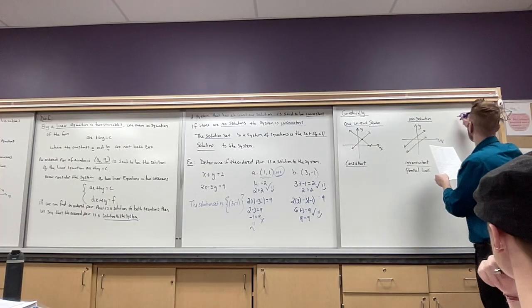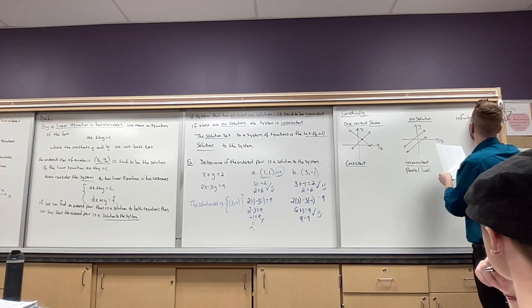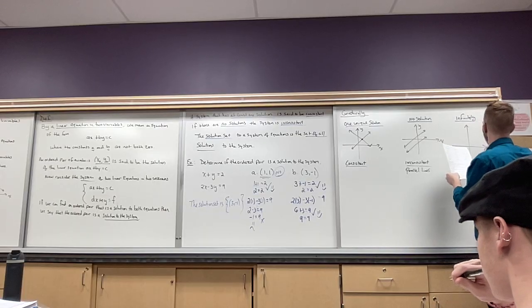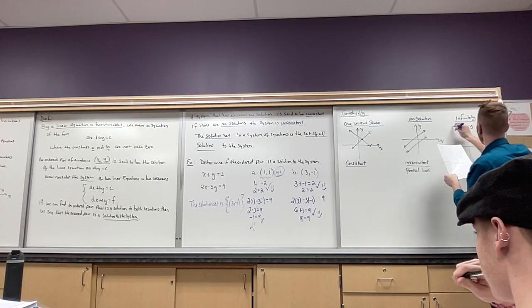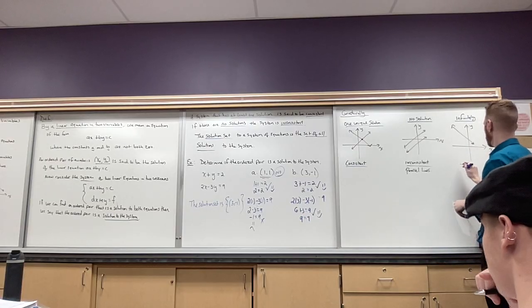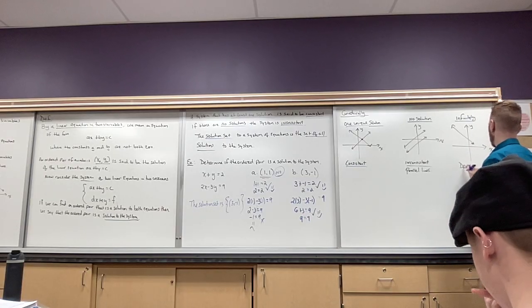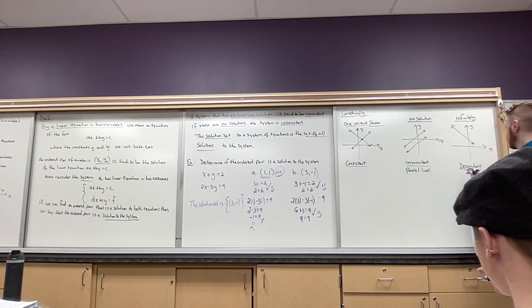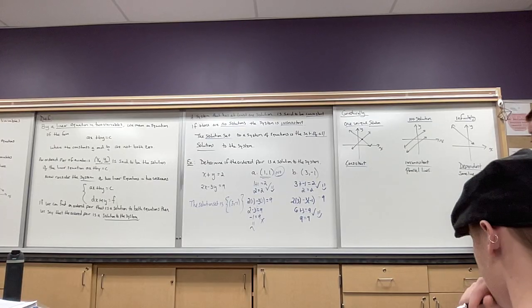And last one, infinitely many solutions. So we just got one line. If you remember, we did call this dependent. That is when you have the same line. So for instance, let me put an example underneath.